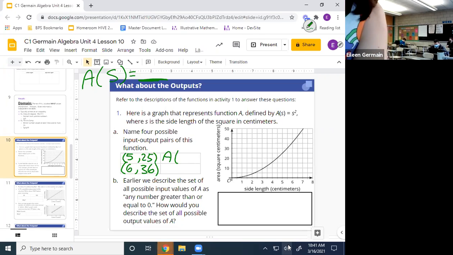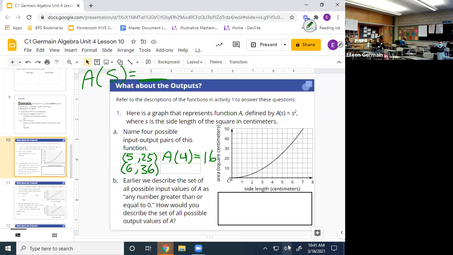Adam, what's an input value? A of 4 is equal to how much? Square it, 4 squared. Think about it, 4 times 4. 16. A of 4 is equal to 16.